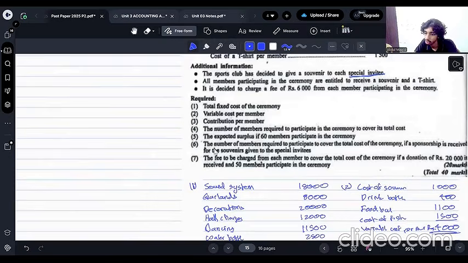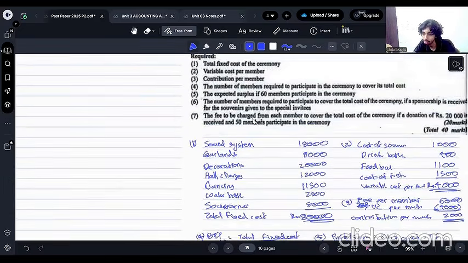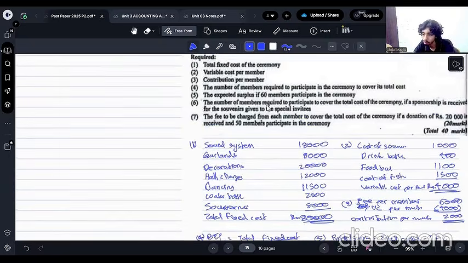Then the sixth one, the number of members required to participate to cover the total cost of the ceremony if a sponsorship is received for the souvenir given to special invitees. If a sponsorship is received, that means you don't have to incur this 8,000. Now they're asking what is the BEP, right? How many members should join to cover the total cost?